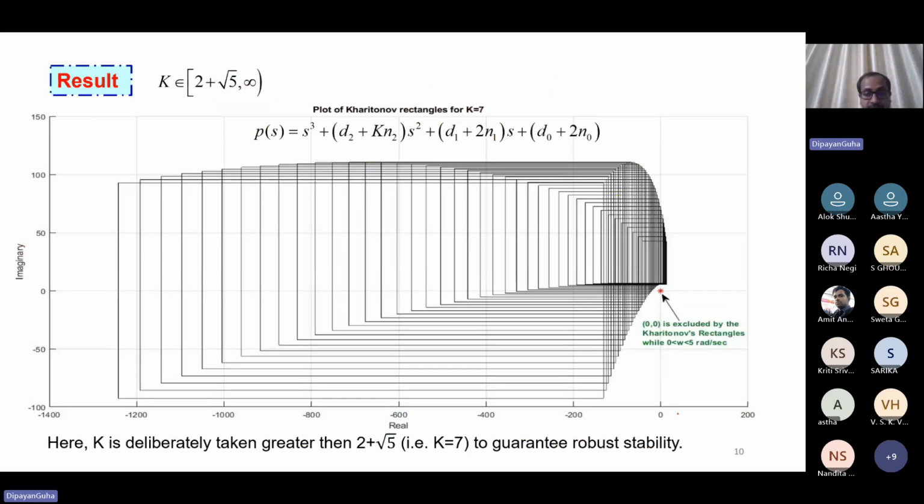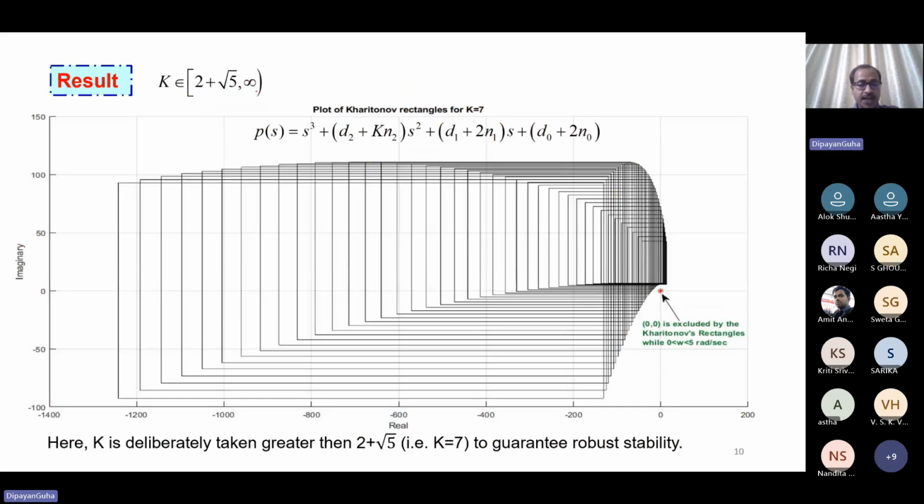Then we simulated the problem and came out with the conclusions, because we know that the Routh-Hurwitz test is the base test for finding the range of any gain or control parameter for which an LTI system is stable. It came out that if I choose K in this range, this value is included, but the other side is open.